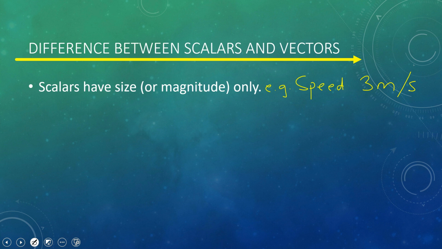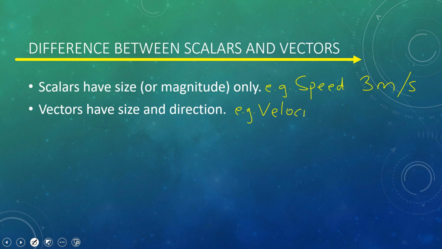All you know is that the ball is travelling at 3 meters per second. But to give the direction in which a ball is travelling, we can say that the velocity of a ball is plus 3 meters per second. Or it could also be minus 3 meters per second.